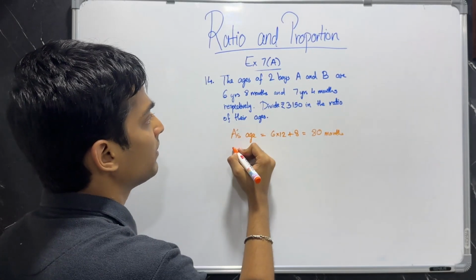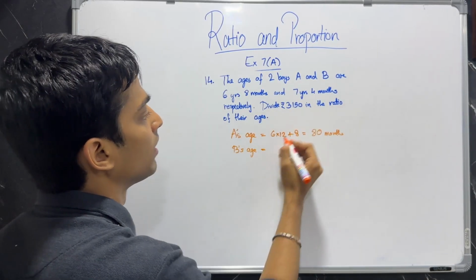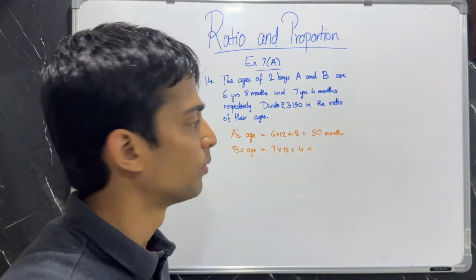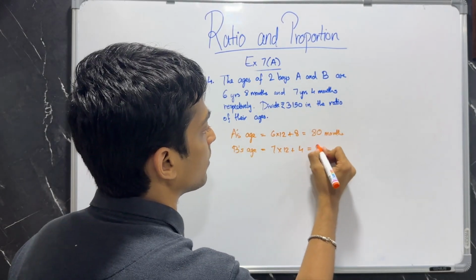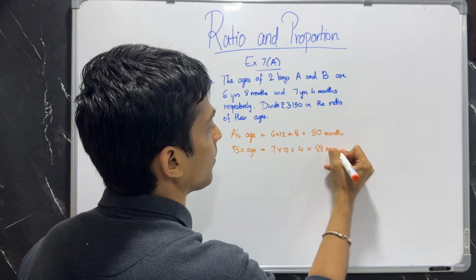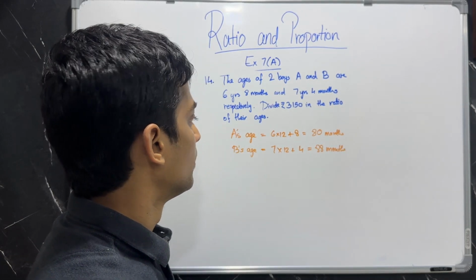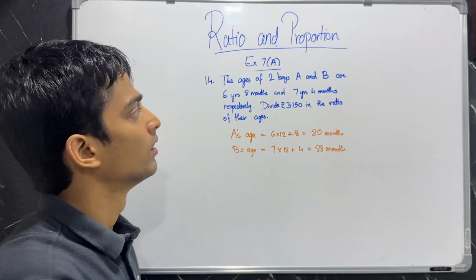And B's age would be 7 into 12 plus 4. So it will be 88 months. Now we got the ages.